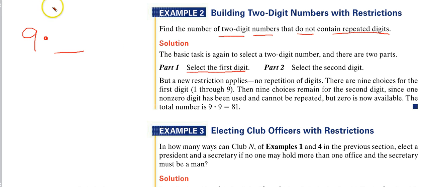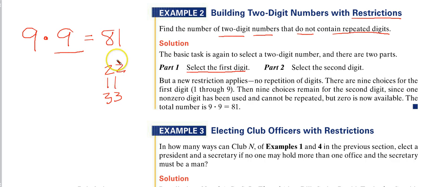So out of the 10 symbols, but now you can use a 0, there are still 9 remaining. So for this formula with a restriction, and you don't want repeats, 9 times 9 is 81. Remember before we had 90, so there are less because you're not going to allow 22 and 11 and 33. You're eliminating repeats.